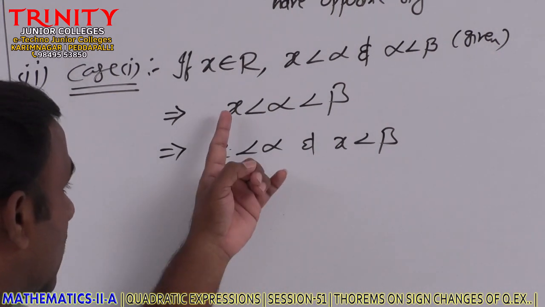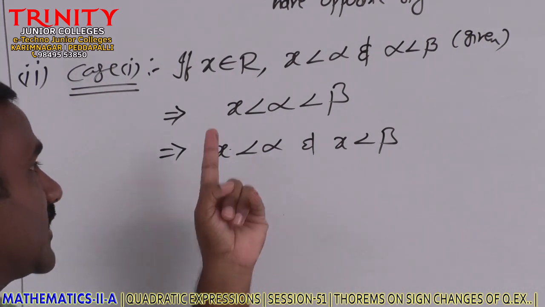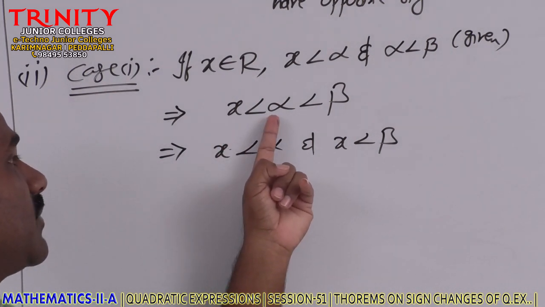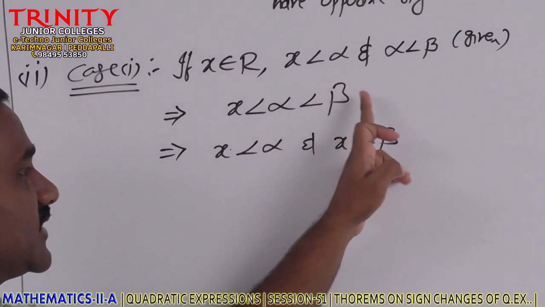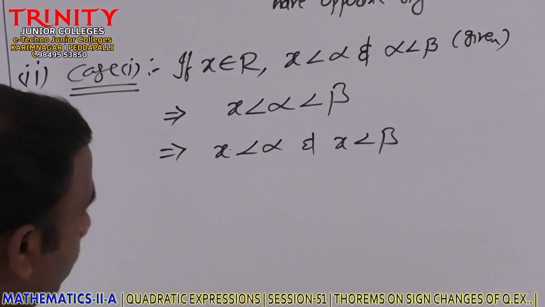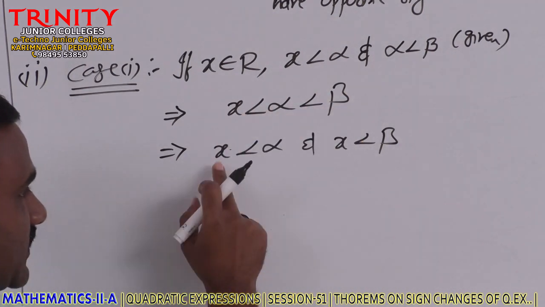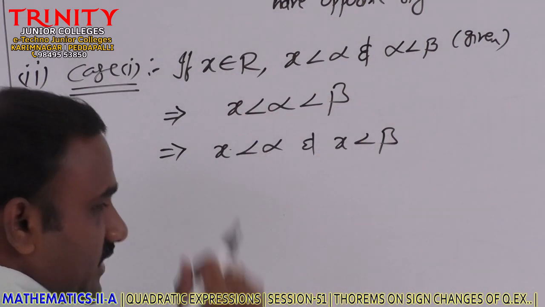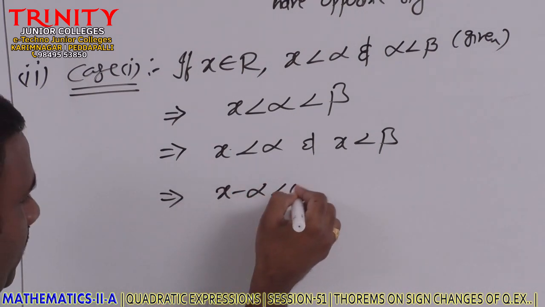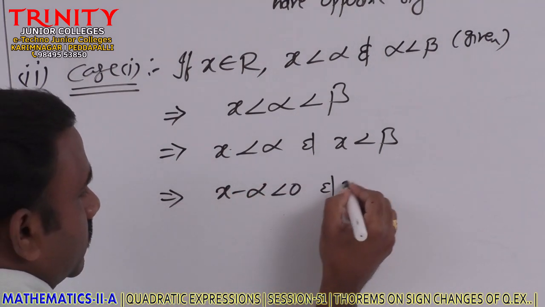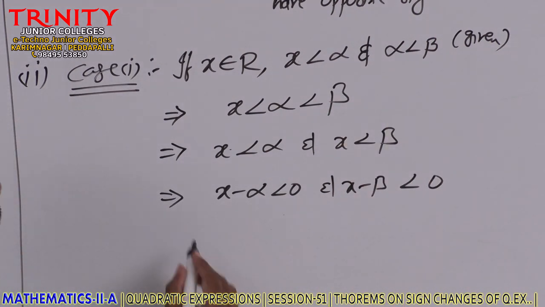Because if a is less than b and b is less than c, we can write a less than b and a less than c. So x less than alpha and x less than beta. From this, x minus alpha is less than 0 and x minus beta is less than 0.